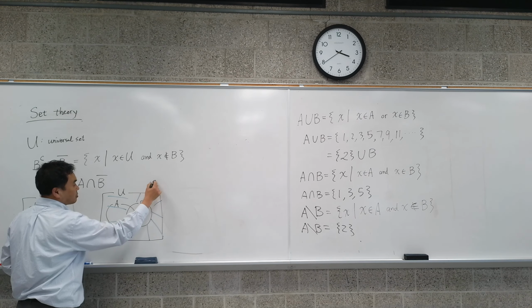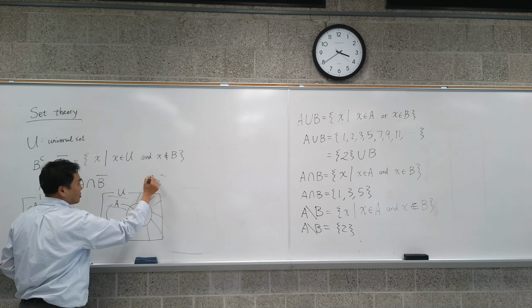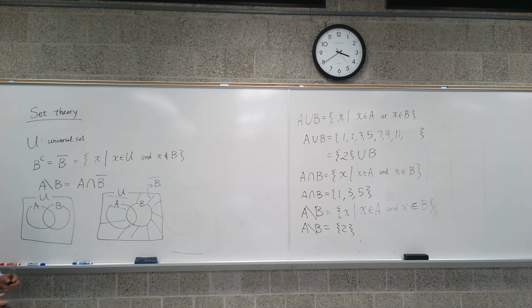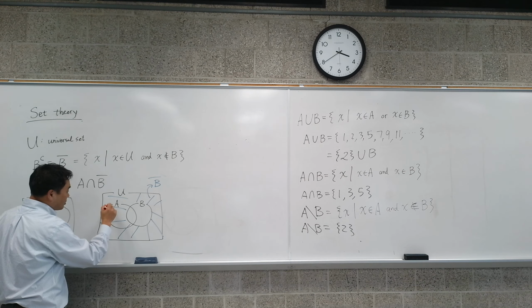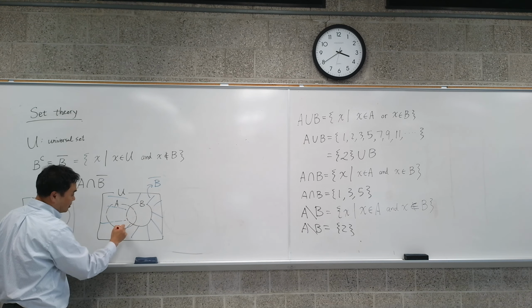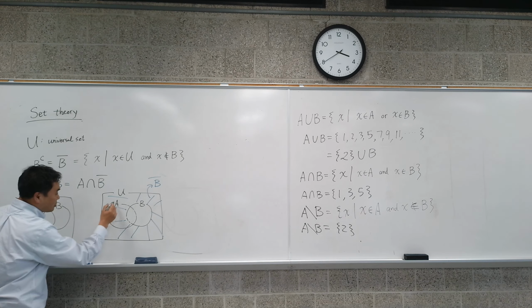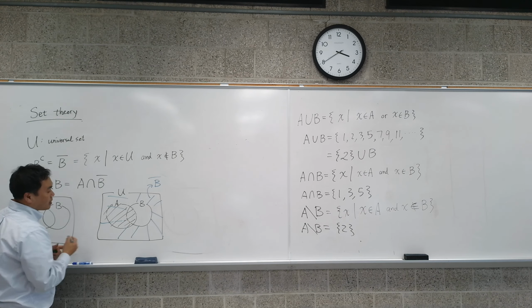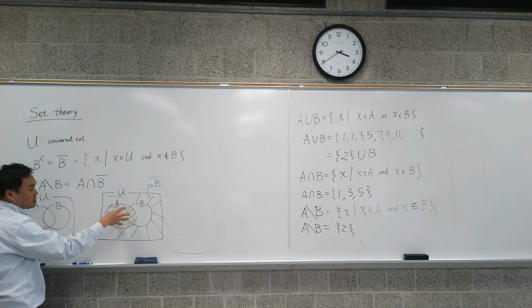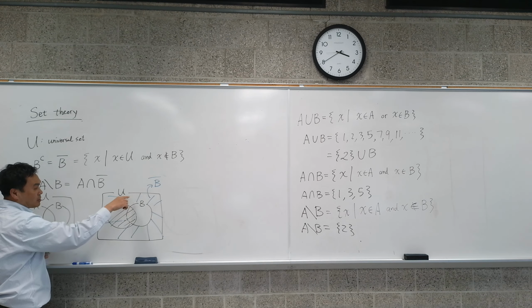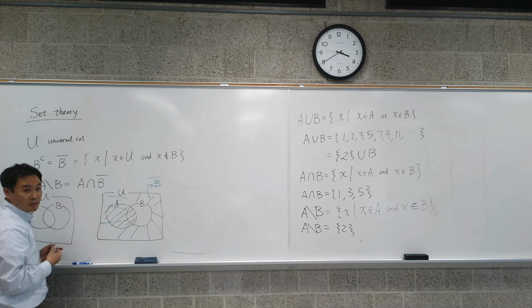So these are B complement, a complement of B. These are the things that are not in B. On the other hand, you have things that are in A. My red is not working well, but you see my point, right? So these are the things in A. Now, what is the intersection between things in A and things that are not in B?